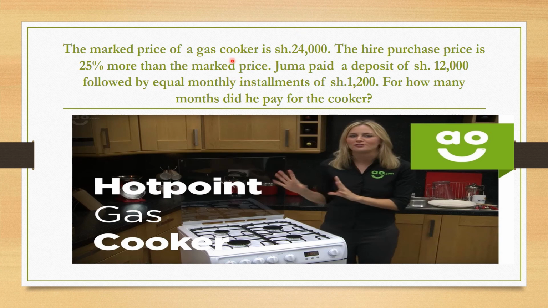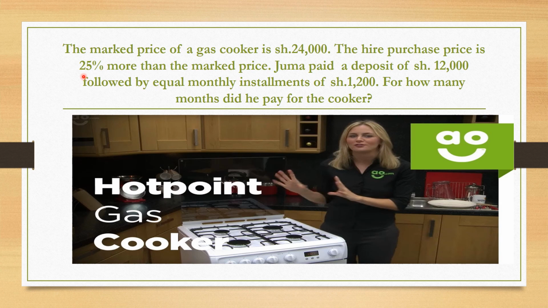So the same question, they have given you the market price. The hire purchase is not there, but they have given me the hire purchase as a percentage of the market price, as 25% more. So remember, we are going to repeat the same thing that we did. If this 24,000 is equal to 100% because it's our market price, what about 125?